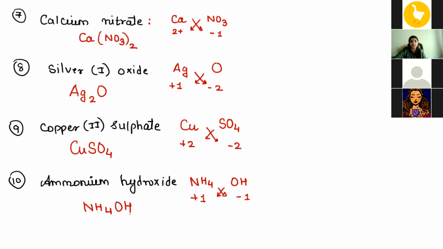Ma'am, that's the answer. Yes, that is because both are 1, na? 1 and 1 get cancelled. Over here also 2 and 2 get cancelled. If both of them have the same valency, like the number is the same, we cancel out. So we don't write same numbers. Okay, so it is NH4OH. Is this much clear?